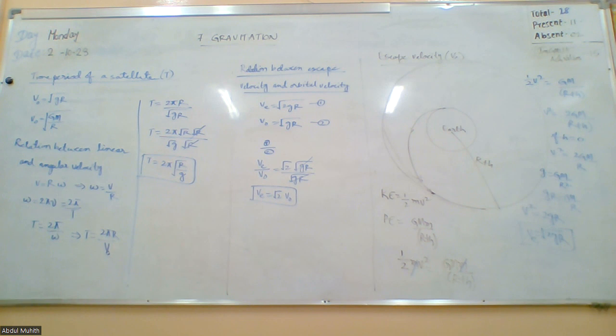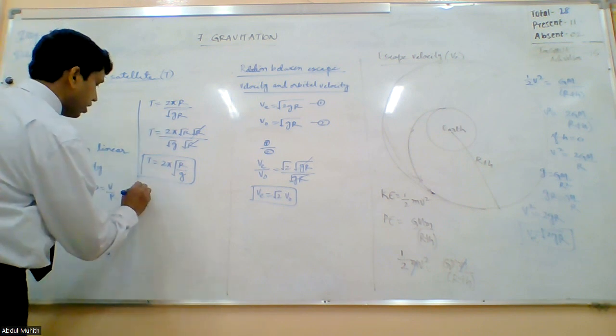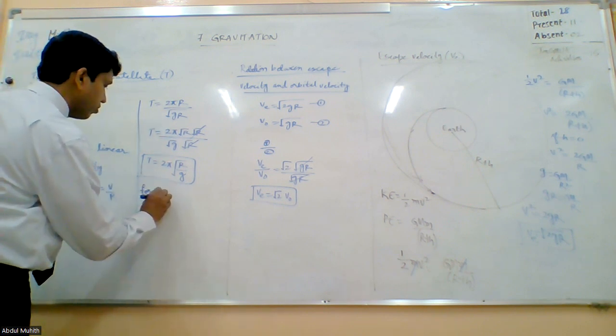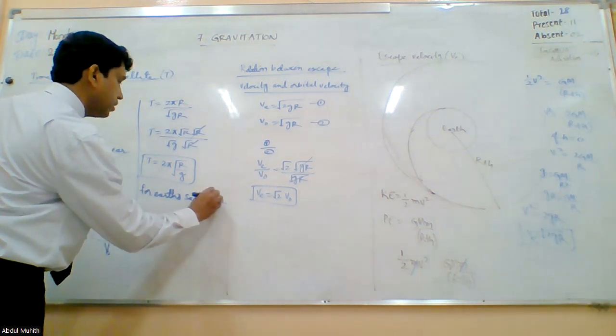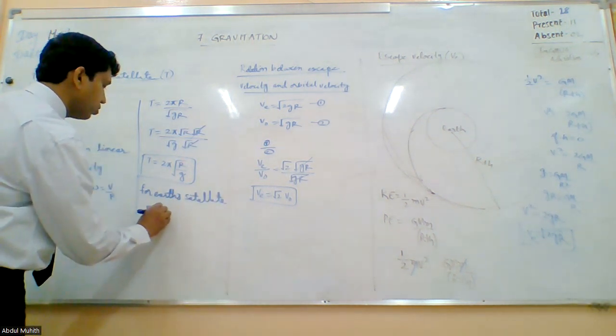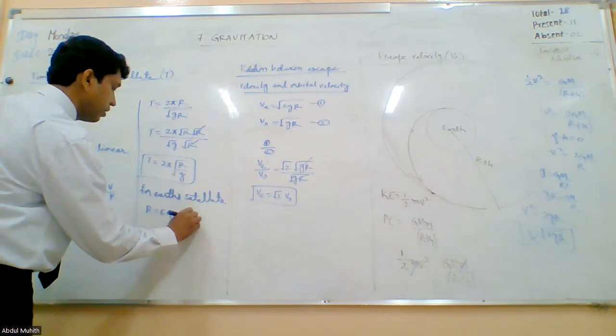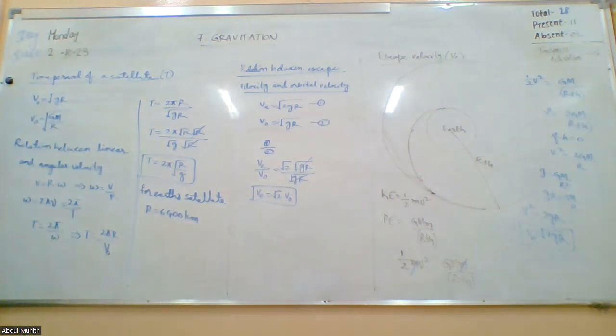So we will substitute that one. The radius of the Earth is how much? So for an Earth satellite, R is equal to 6,400 kilometers, right? Can we write in meters?